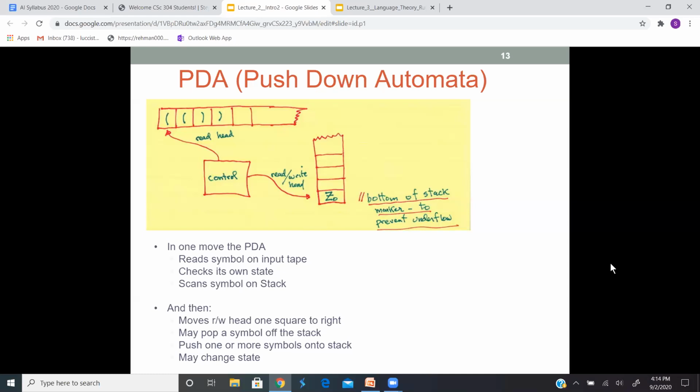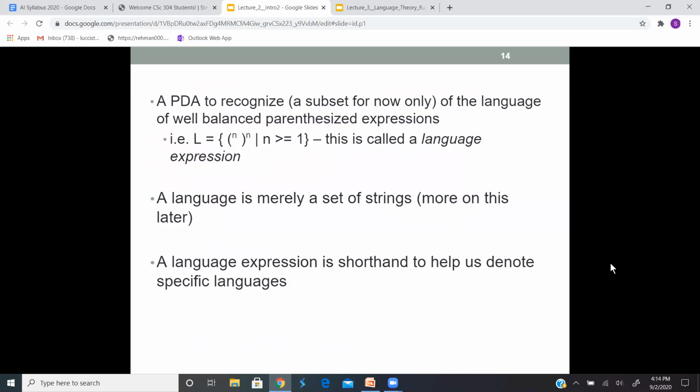Okay, Anvin, go ahead. So a PDA to recognize a subset. For now, we're just looking at a subset of the language of well-balanced parenthesized expressions. So we want an expression a little more concise than me waving my hands, a language expression. On the third line down, capital L for language, curly bracket on the left, curly bracket on the right.